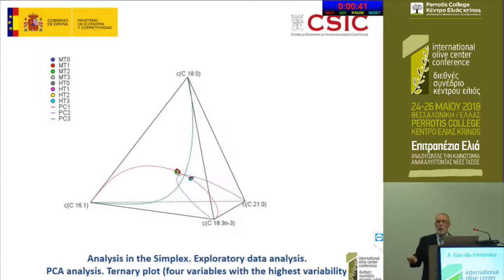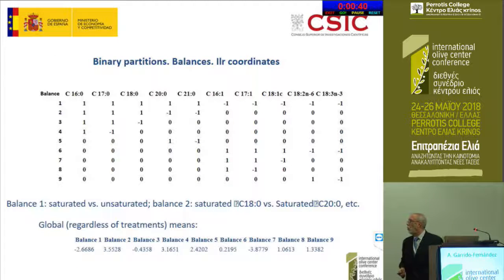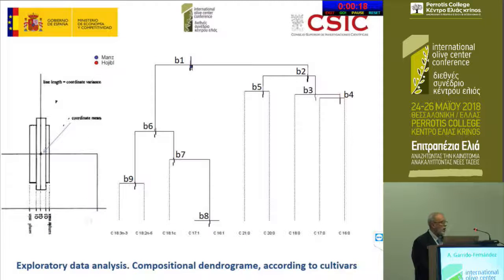This is one example of what I was talking about in relation to relationship or balances or partition. This is very complicated. I'm not going to explain it, but I would say that this partition is important for two things. Just to build a new dendrogram. This dendrogram is absolutely new for compositional data, and it represents at the same time the balance.